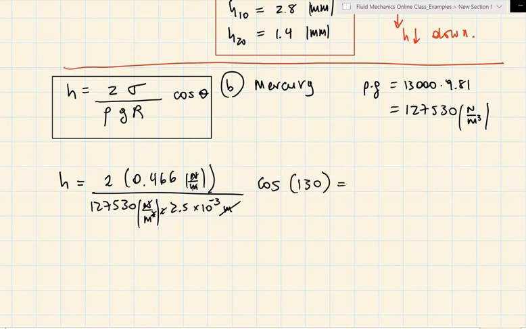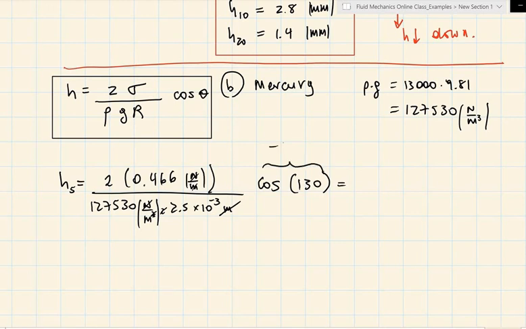So 130 is the angle of contact with the vertical wall that mercury forms when it shapes a meniscus. And I'm computing here 2 times 0.466 divided by 127,530 divided by 2.5 to the minus 3 times the cosine of 130.